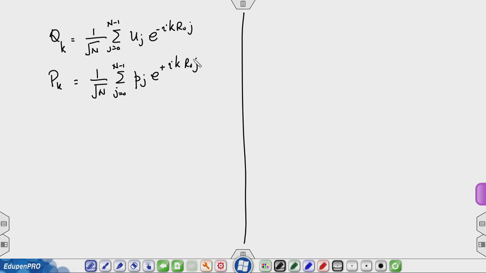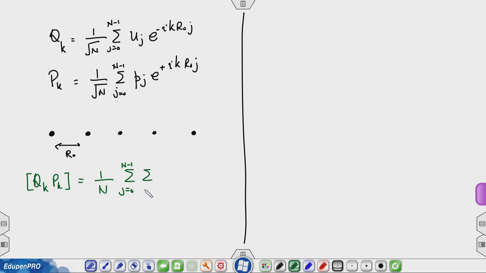In case you are wondering what r naught etcetera are, so let me just make this again. The lattice is like this, and this distance is r naught. Let us take the commutation relation. Let us take the q k p k commutation relation. This is going to be equal to 1 over n when I multiply summation j equals 0 to n minus 1, summation L equals 0 to n minus 1.